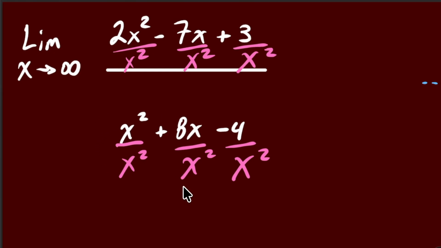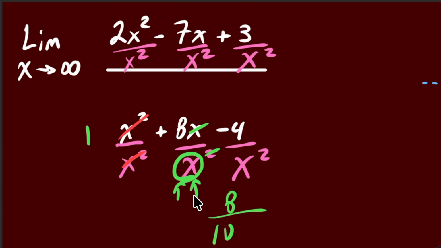So down here, x squared over x squared just becomes a 1. Now, if you plug in infinity down here, this x is going to cancel out. You're still going to have an x here. If you put a very large number in here, say 8 over 1 million, that is approaching 0.